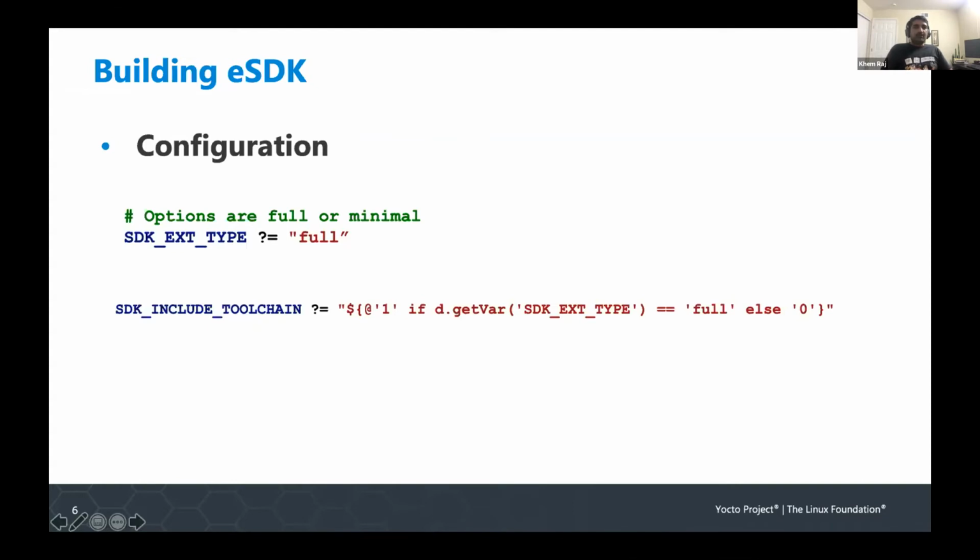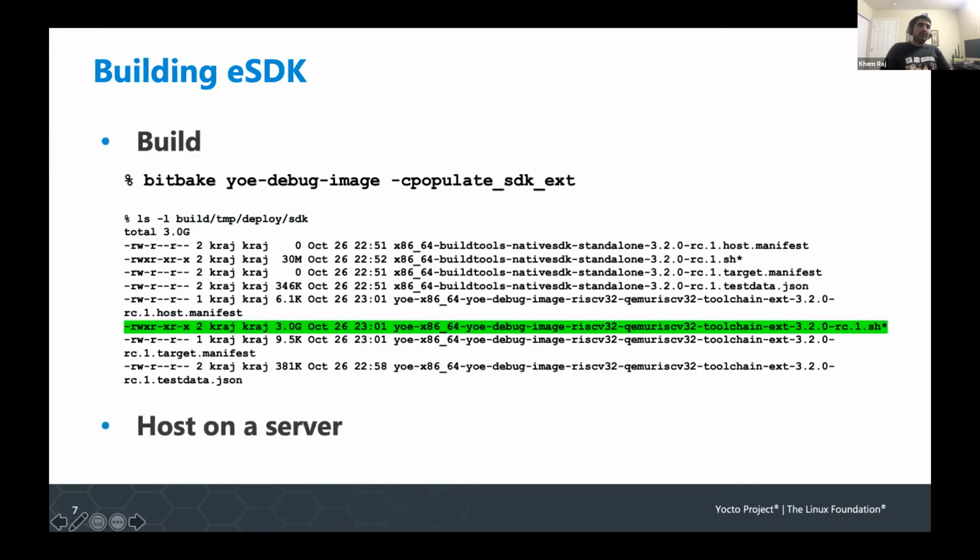So once you have those settings, pretty much you build your SDK. It's as simple as building your images, and there is a task called populate SDK ext. After the build is done, you will see, not in the regular images directories but in your SDK directories in your deploy area, a self-installer that's ready.